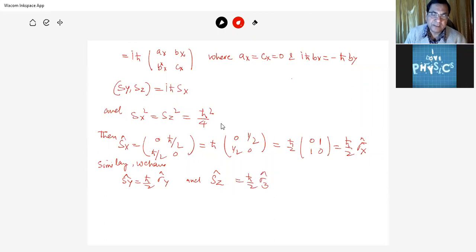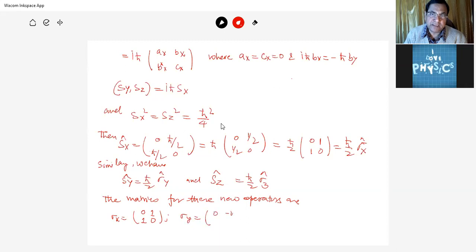So the matrices for these new operators are: sigma x is [0, 1; 1, 0], sigma y is [0, minus I; I, 0], and sigma z is [1, 0; 0, minus 1].